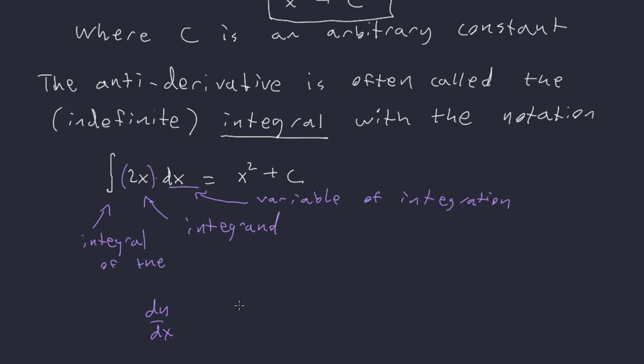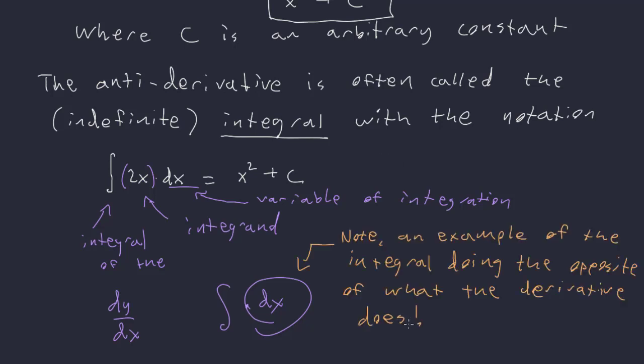And that's essentially what we're doing with an integral. With the derivative, we do dy dx, but with the integral, we do the integrand times dx. I think this gives a sense of how an integral works. We're multiplying by dx instead of dividing by dx. We are doing the opposite of what the derivative does.